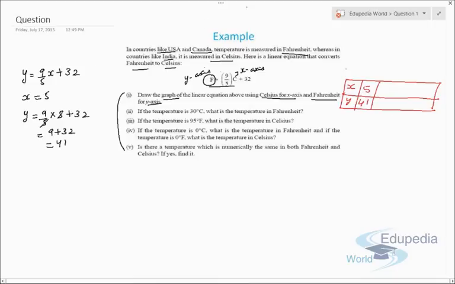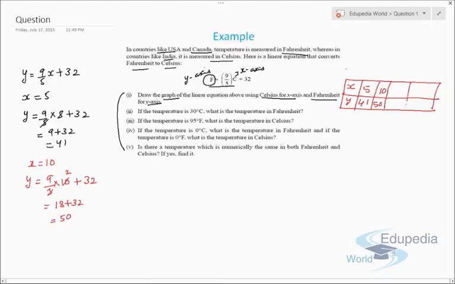Now for the second value we can assume x as 10. Then we get y equals 9 by 5 into 10 plus 32. So 5 twos are 10, so 9 into 2 is 18, 18 plus 32, which is 50. So we get y as 50 and x as 10.